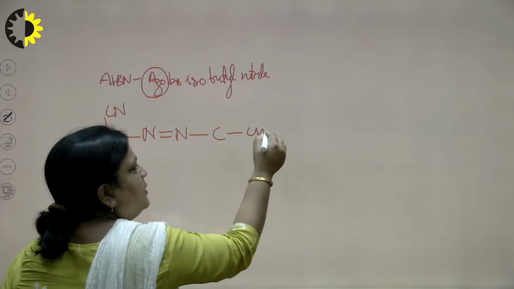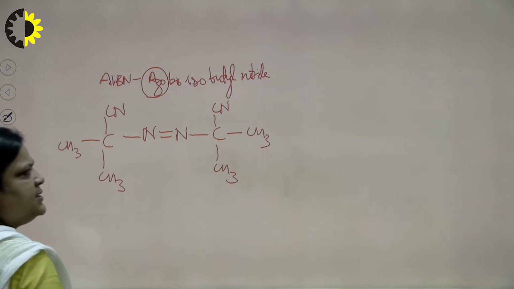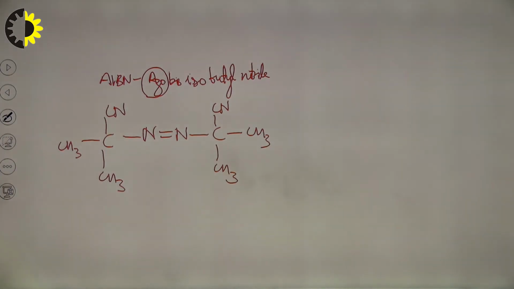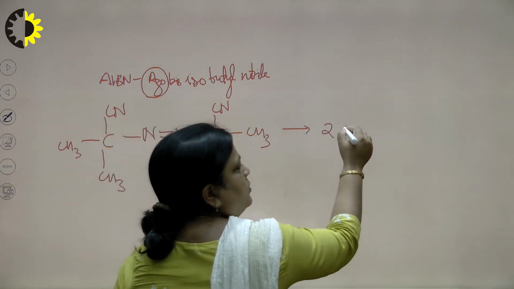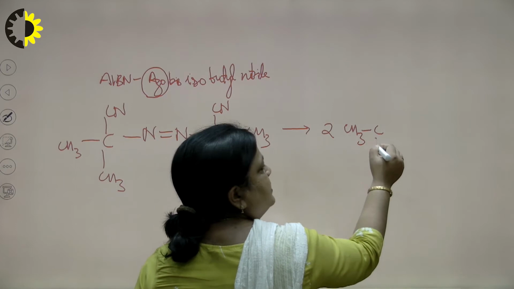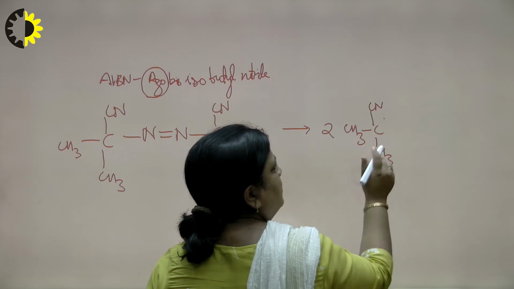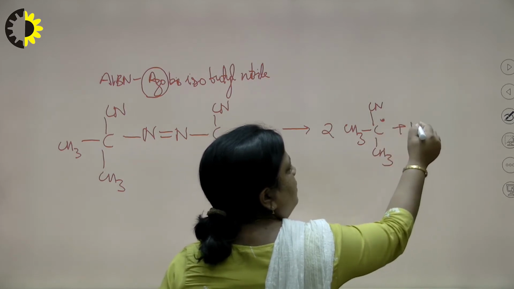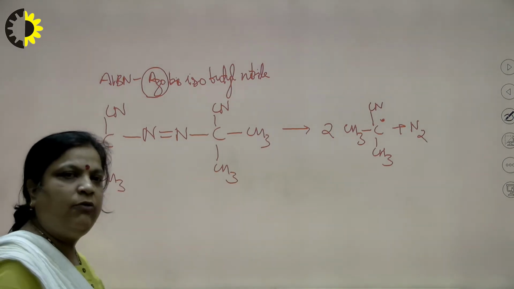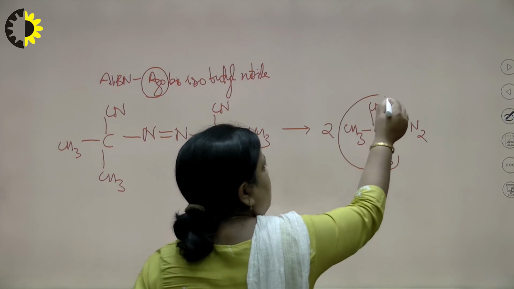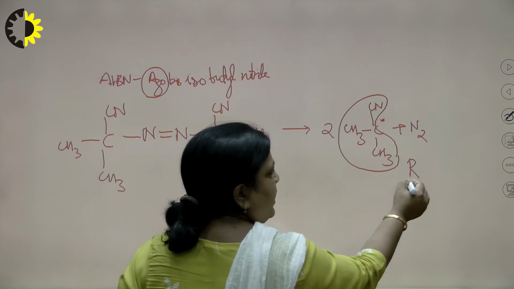So, C, CH3, CH3, CN. This is a very good free radical initiator, and in the presence of sunlight it gives 2 CH3, C, CH3, CN radicals plus N2. And to simplify the further mechanism, suppose this is R. So, instead of writing this, we write R radical.